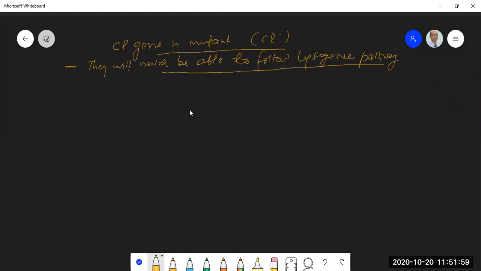All right. And what happens? Suppose you infect the bacterium with a bacteriophage, and then streak that bacterial culture on the agar plate. What do you see? You see these kinds of colonies. A typical colony will be like this. I will make it a little bigger.